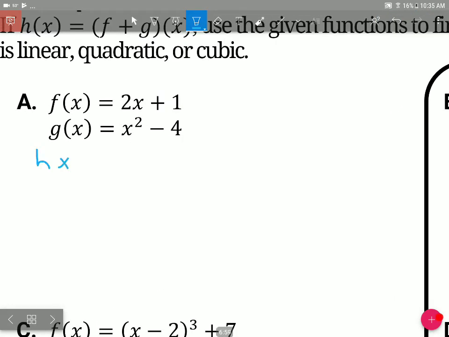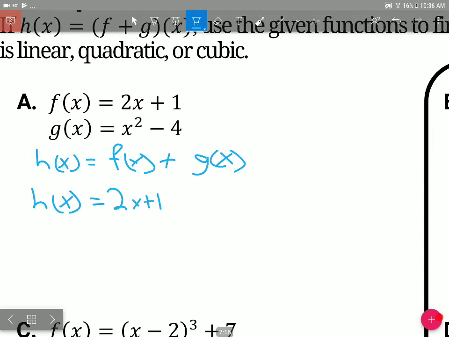h of x equals f of x plus g of x. In this case, what's your f of x? 2x plus 1. All right, are we adding, subtracting, multiplying, or dividing? Adding, it tells us to add them. So we're going to do plus what? x squared minus 4.